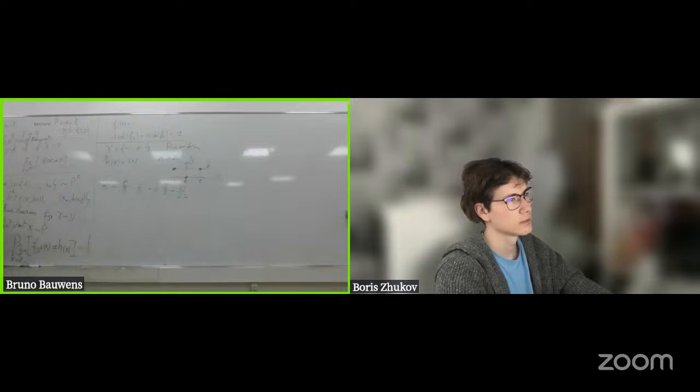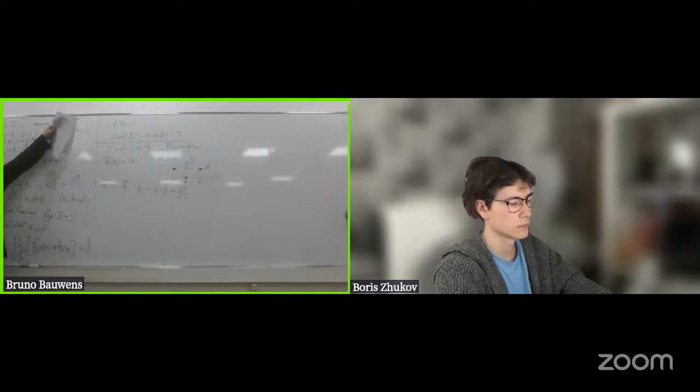So the first proposal might be to define the performance measure by taking the supremum over all classifiers and all measures P of our learning algorithm. And now we will see that this will be a big problem for us if we do this.